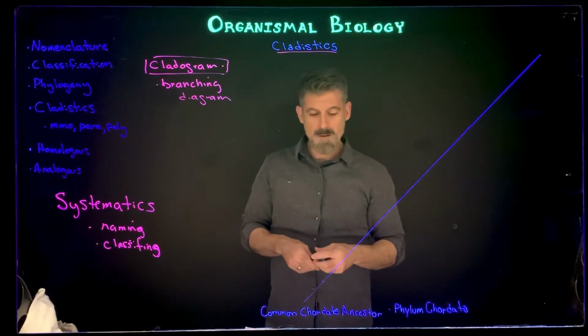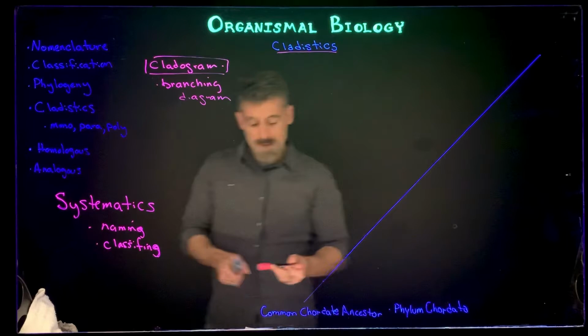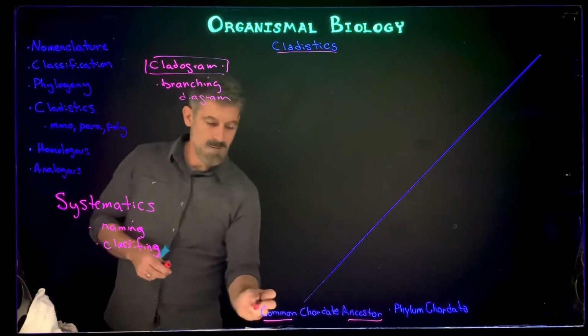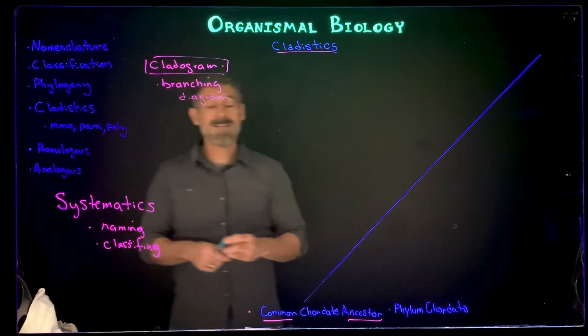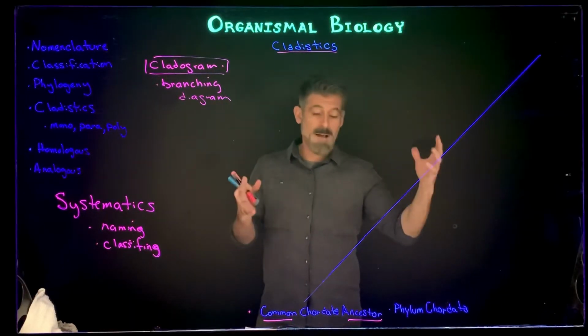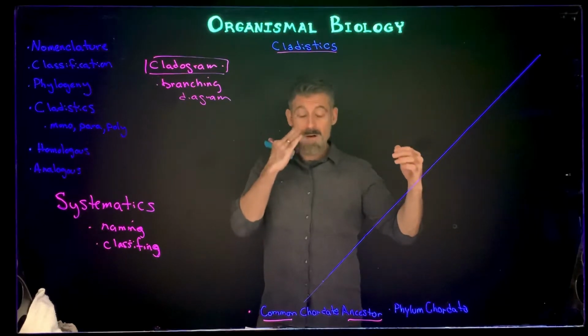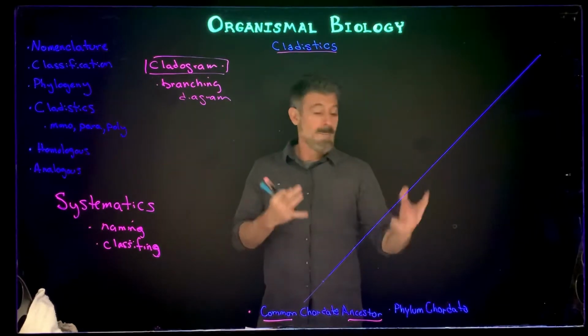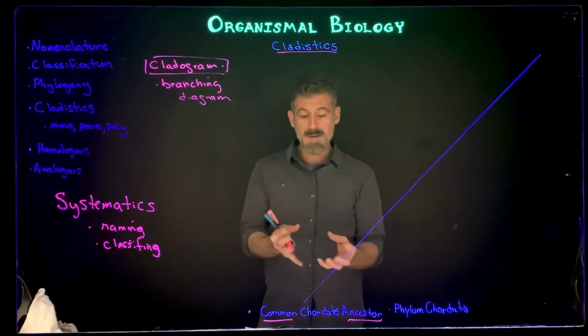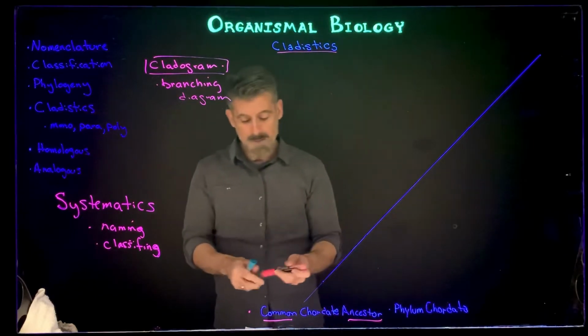So we have to have a common ancestor or some common ancestral trait that all the organisms in this cladogram are going to share, right? If they don't have a common ancestor or a common ancestral characteristic, then you're already starting off in the wrong place. You have to have something that's common for all of them that you have to list.